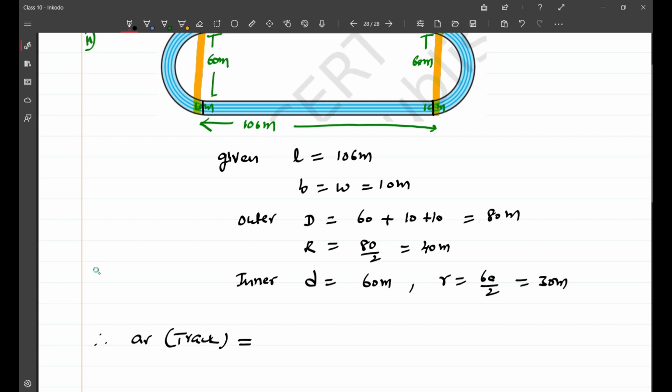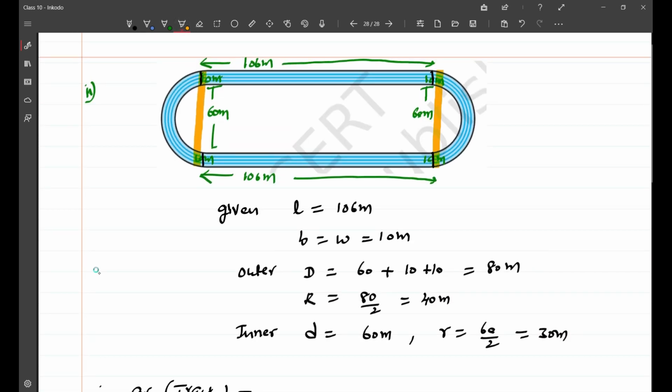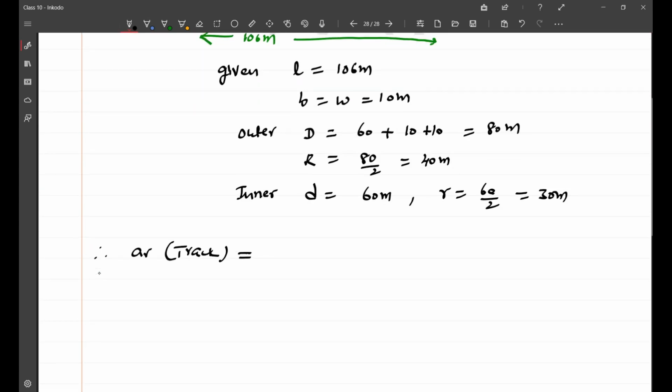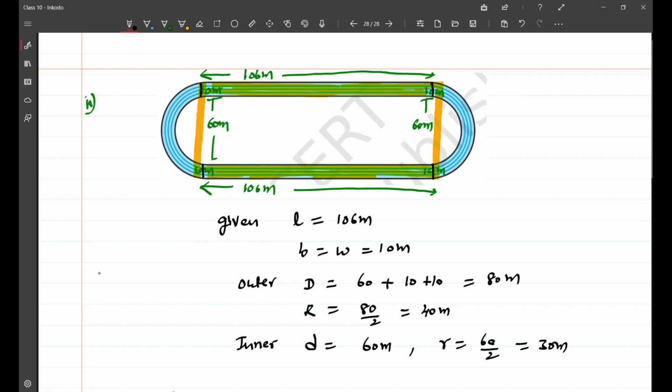Therefore area of track is equal to, now observe carefully, let me shade, this is in the shape of a rectangle, so I'll apply the area of rectangle formula. There is one more such shape, so I can write 2 multiply area of rectangle plus there are two semicircular ends, but we need only the shaded portion.